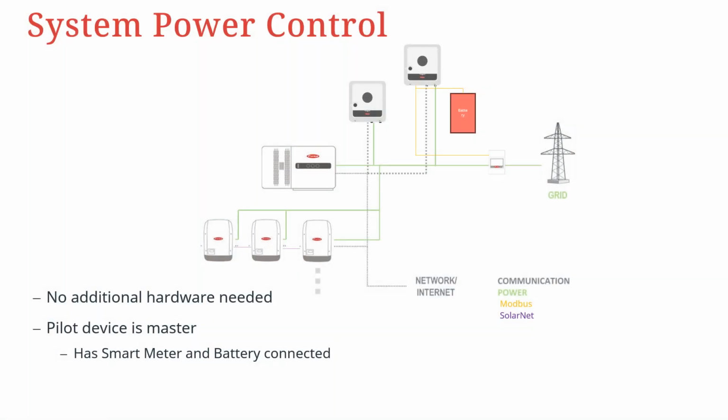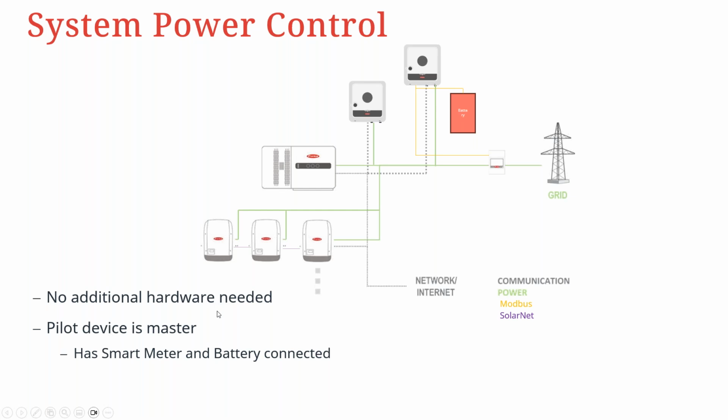In terms of plant control, thanks to the introduction of the system power control, it is now possible to achieve feeding limitation using this particular algorithm. To make things interesting, there is no need for any additional hardware.